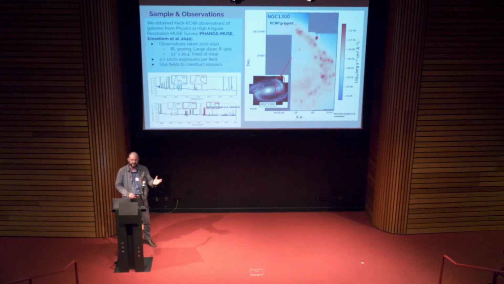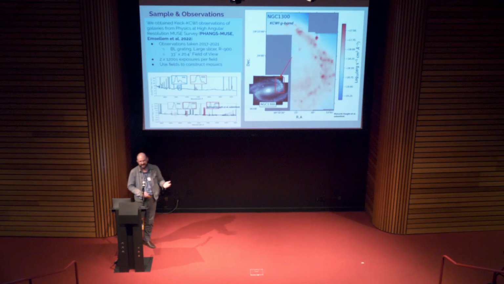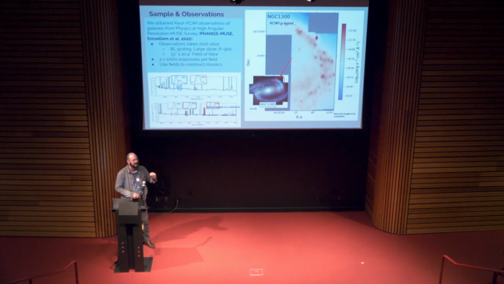Unfortunately, the KCWI field of view is less than the 1 by 1 arcminute field of view of MUSE, so our job was a little bit harder. We had to observe several fields and step across the galaxy and then ultimately combine them into a giant galaxy mosaic. So this is just an example mosaic for NGC 1300.